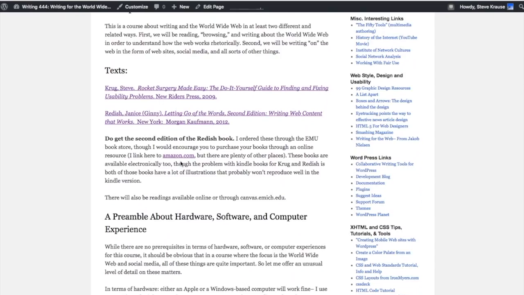This part here I talk about a preamble of hardware and software. Read this over, but basically the thing to remember about Writing for the World Wide Web is that on the one hand, it's a writing class, which means that the emphasis from my point of view is on writing.